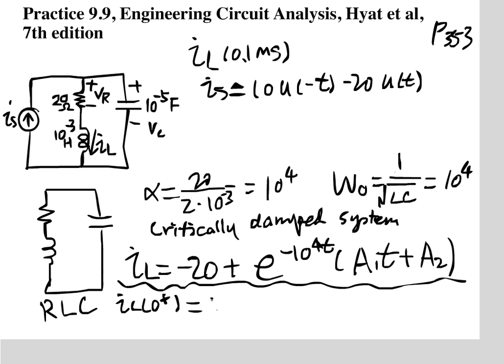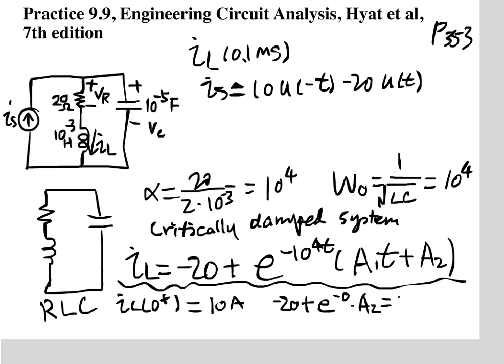All right. So what we have to do is to evaluate this, because we know that IL at t equals 0 plus, we know what that current is, equals 10 amp.